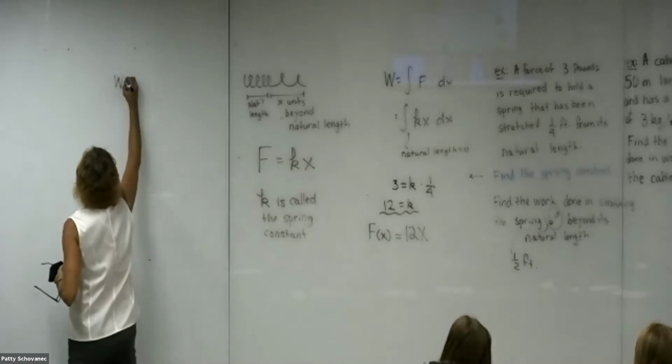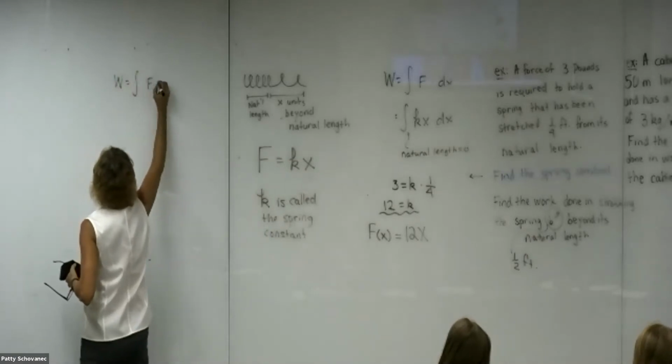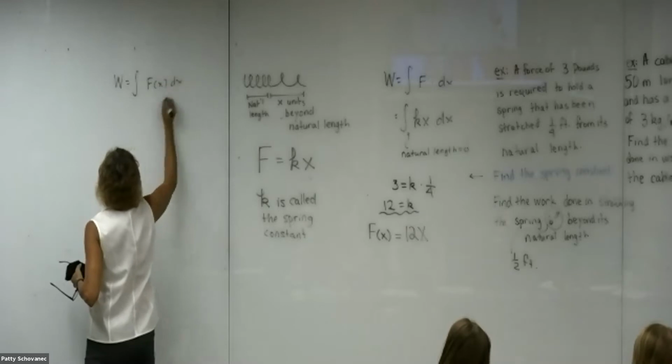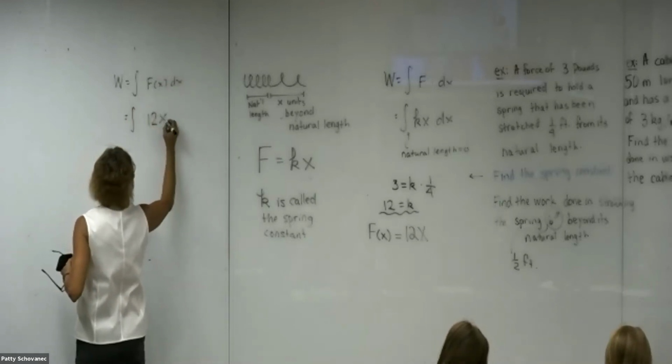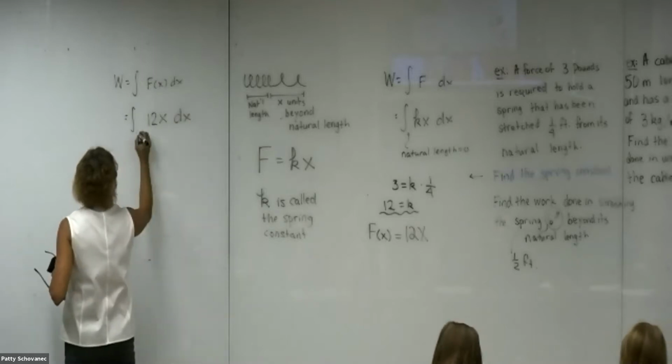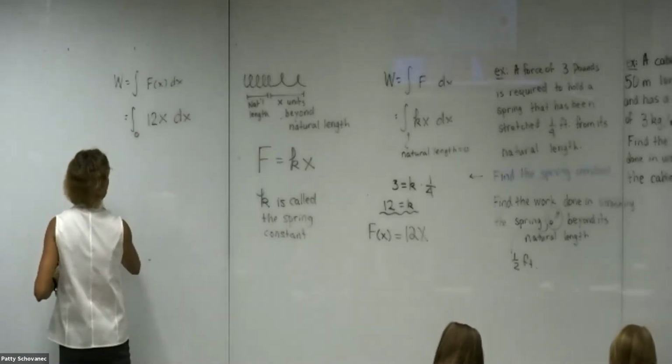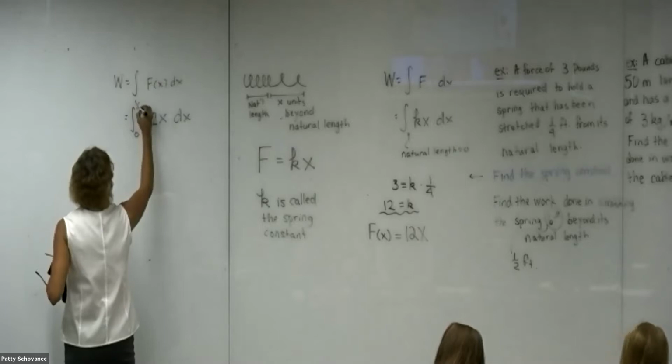So work is the integral of f of x dx, which is k, 12, times x dx, going from its natural length to 1/2 foot beyond.